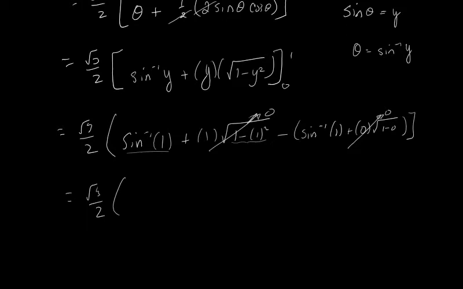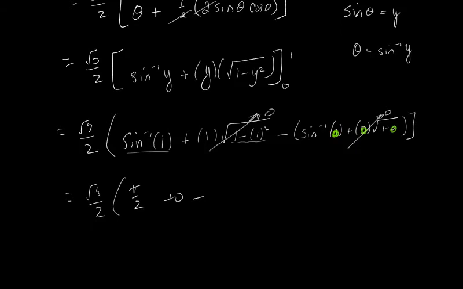Well, what angle has a sine of 1? Well, pi over 2. So that's pi over 2 plus 0 minus sine inverse of, not inverse of 1. It should be inverse of 0, sine inverse of 0. That's what we were plugging in here, right? It was a 0, not a 1. Gracious, gracious, gracious. Okay.